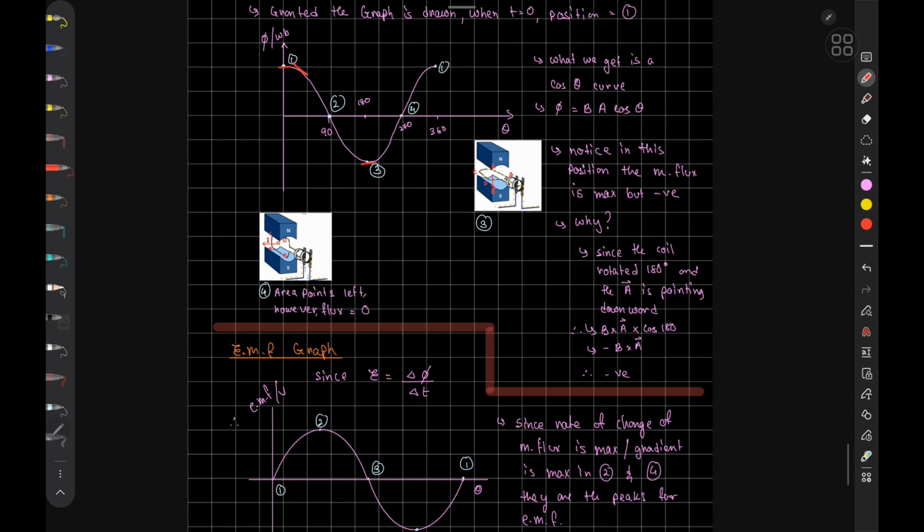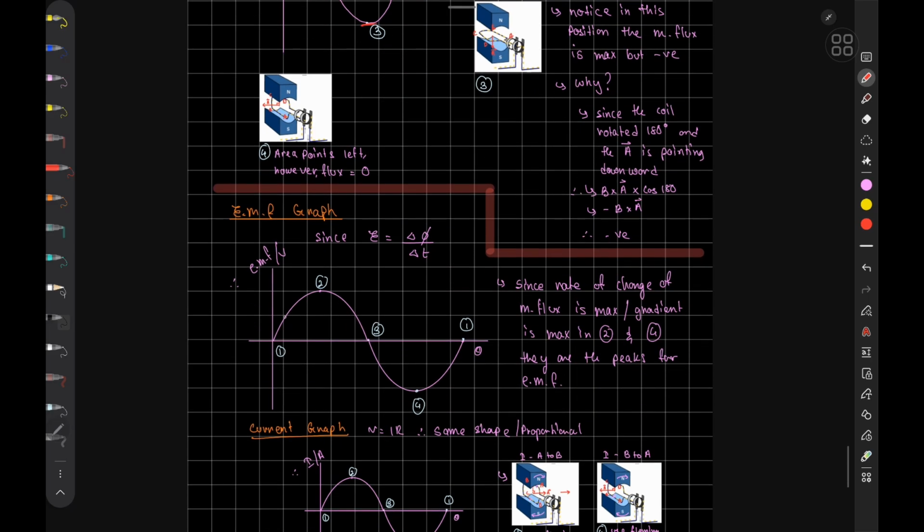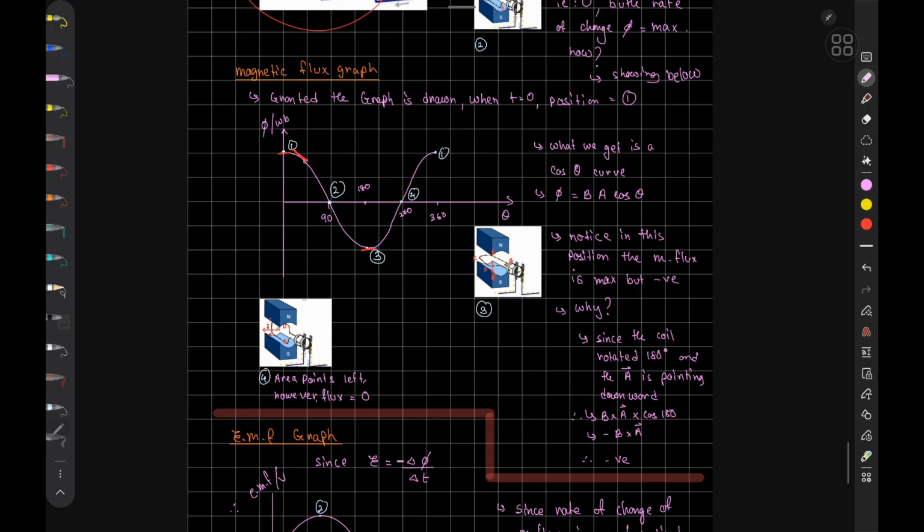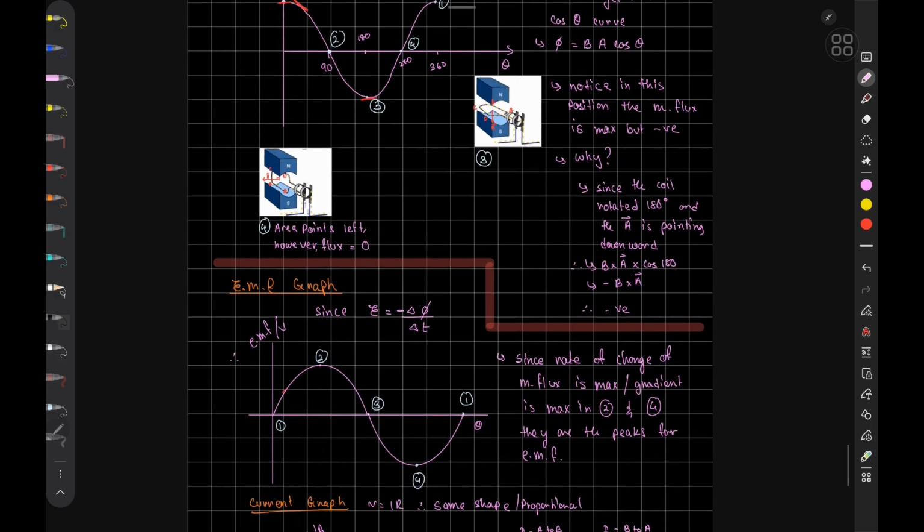And then what happens? Then you have a gradient that is negative. Okay, it is not as steep, but still the gradient is negative. So you have a value on the positive axis. Okay, there's a minus sign over here. So there's a negative gradient over here, and that gradient turns into a positive value on the positive axis.